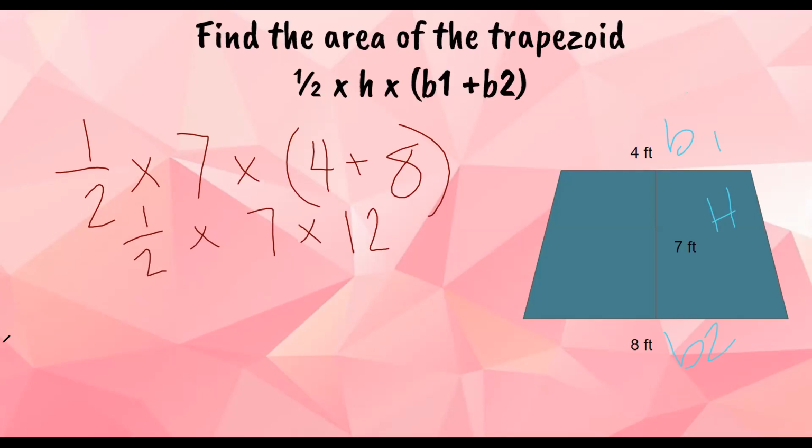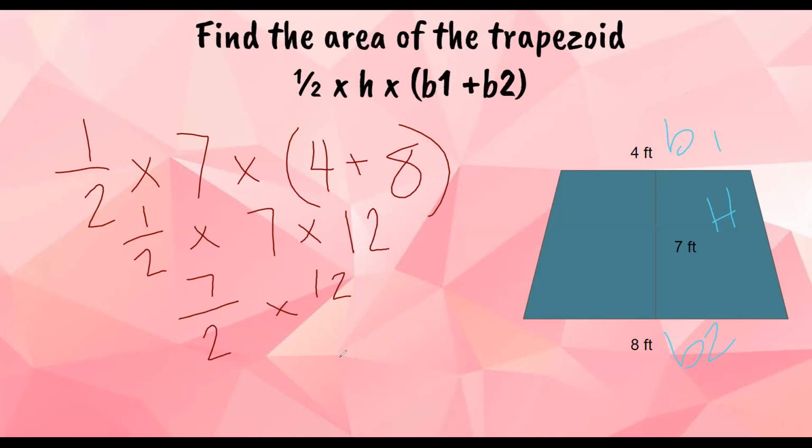So what I'm going to do here, and what I did on the other one, was actually do 1/2 first, but I know that 7 isn't automatically divisible by 2. I know that I would have a fraction or a decimal. So what I'm going to do first in this case is multiply 7 times 12. If you want to do 7 over 2, that's fine. If you multiply this, you would get 7 over 2 and then multiply times 12, which is really going to give you the same problem that we're about to do.